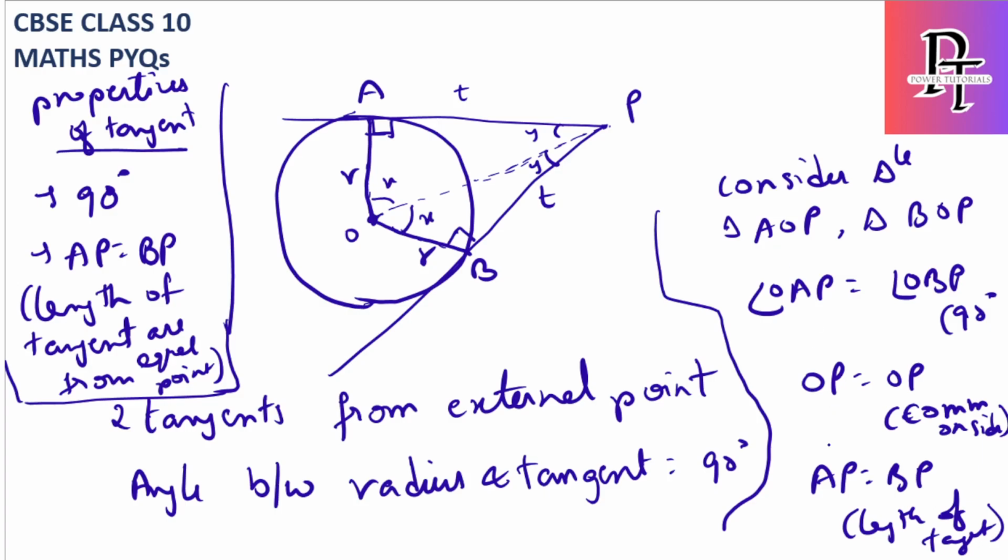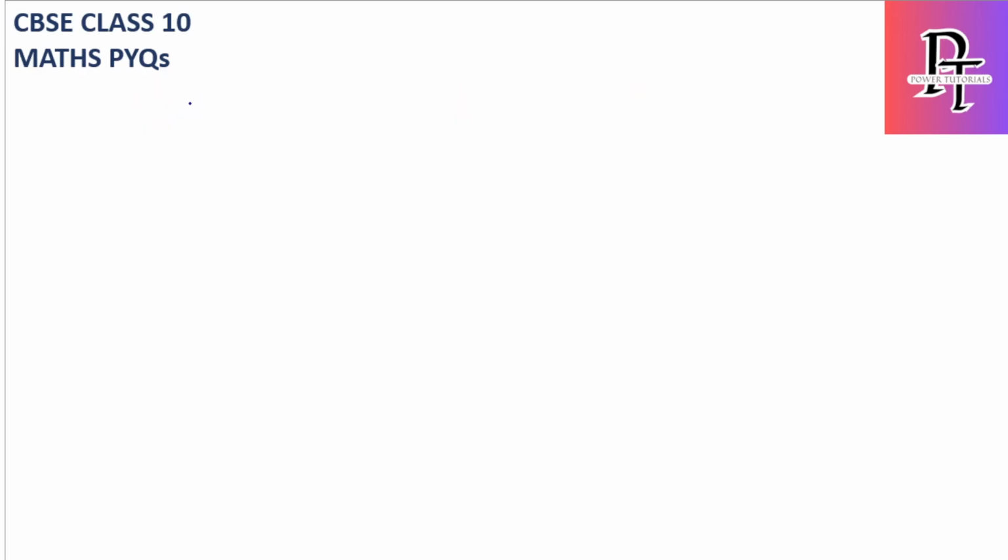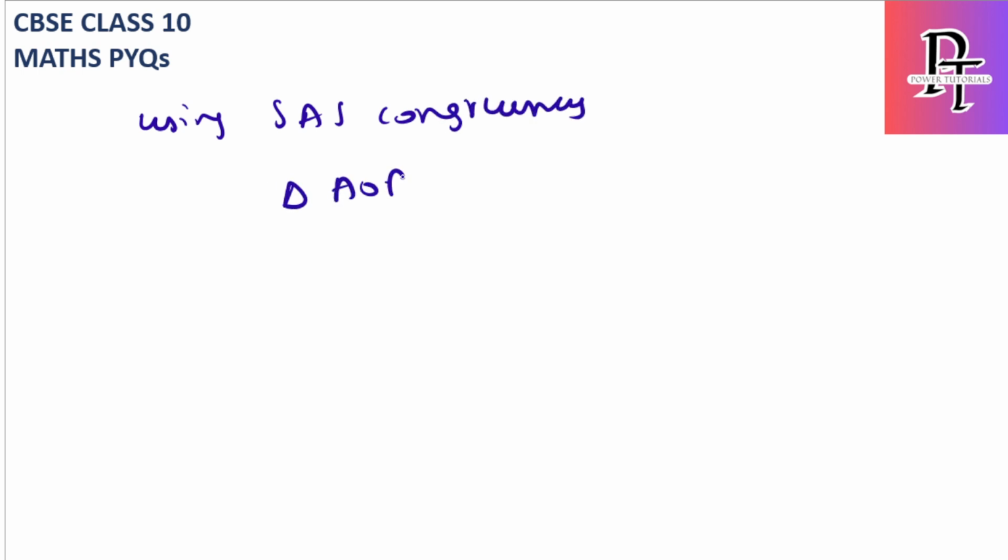So using these three, that is SAS congruency, I can say triangle AOP is congruent to triangle BOP. As these are congruent, the respective angles should be equal.